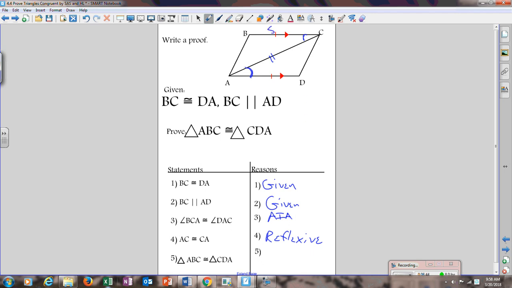So we have a side congruent to this side, this angle congruent to this angle, and this side congruent to itself. So I see side, angle, side. And the angle is the included angle. So how do I know the two triangles are congruent? By SAS. And that's all you need for that one.